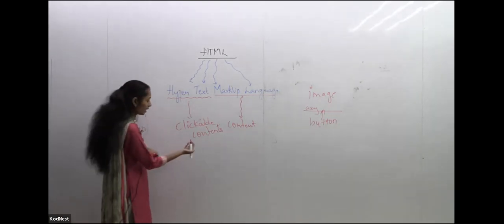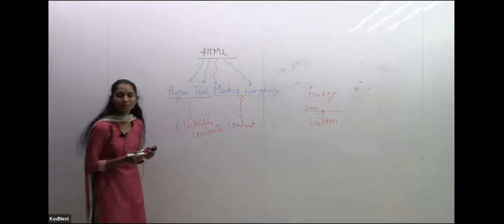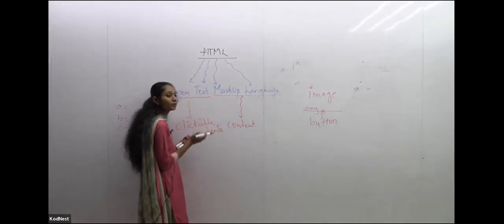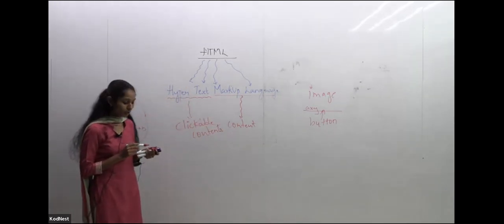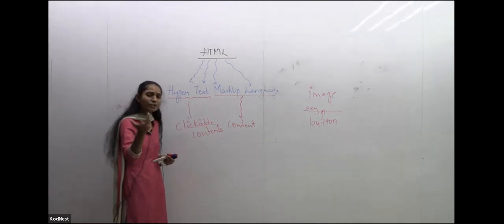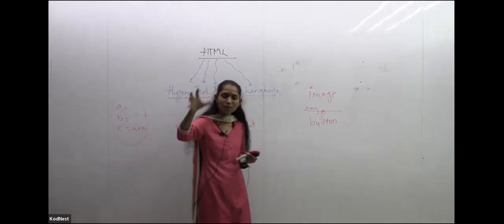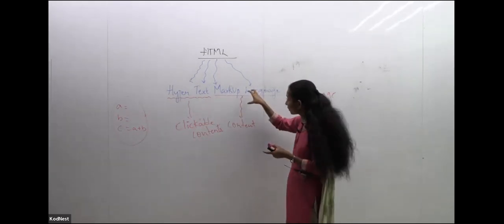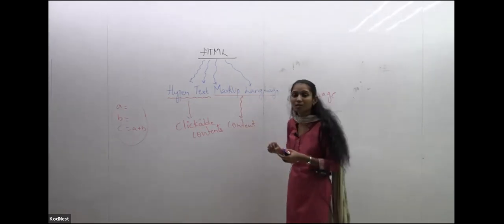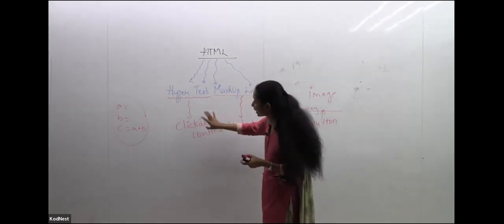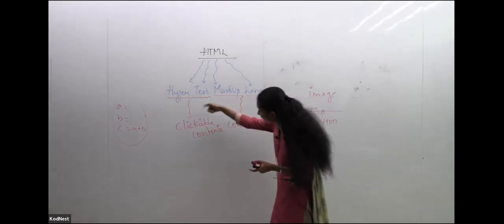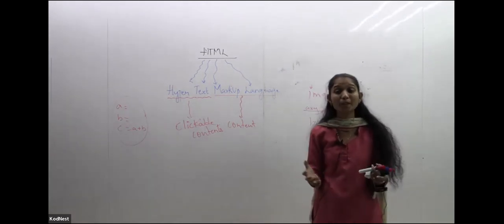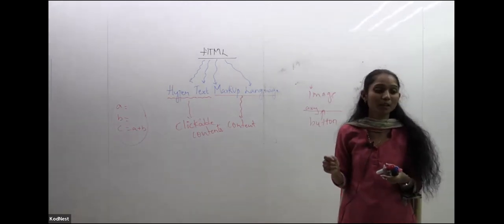But in more technical terms, I just call this content. These are clickable contents, and there are normal contents also which we display. In this language, there will be content, and the reason it is called hypertext is that not only this content but clickable content will also be present. That is why it is called Hypertext Markup Language.